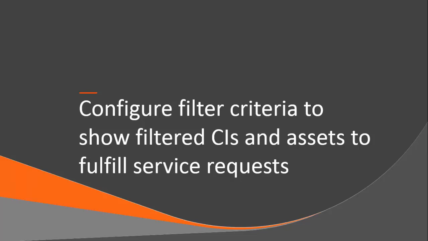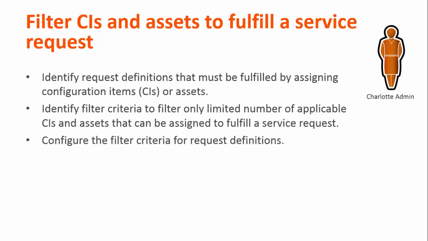Let's take a look at the enhancement that enables you to configure filter criteria to show filtered CIs and assets for service requests that must be fulfilled by assigning CIs or assets. System administrators can configure criteria to show only filtered CIs and assets to a staff member who is working on a service request.